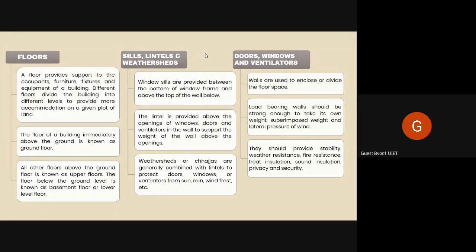Then a lintel is basically like an RCC beam for the top of the opening, meaning if you create a wall opening, cut out in the wall, then over time the bricks, if it's a brick construction, will tend to sag in the middle because of gravity, because it doesn't have a base, it's just suspended.